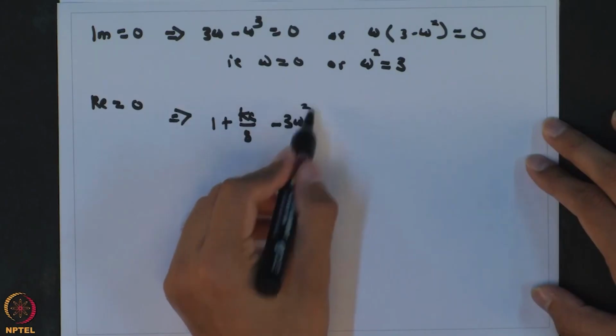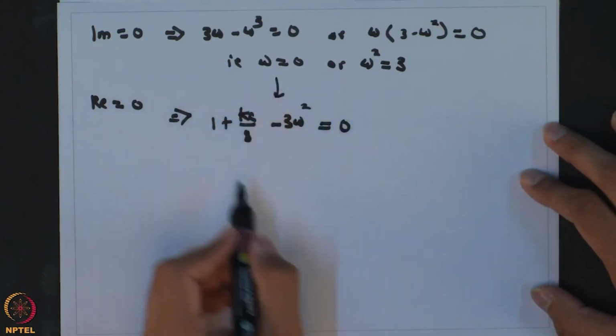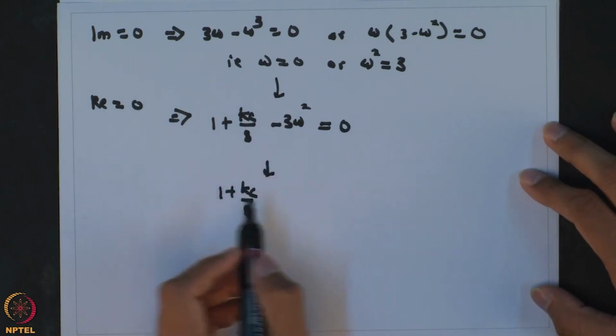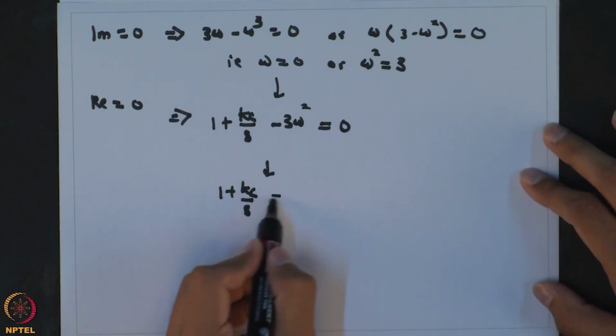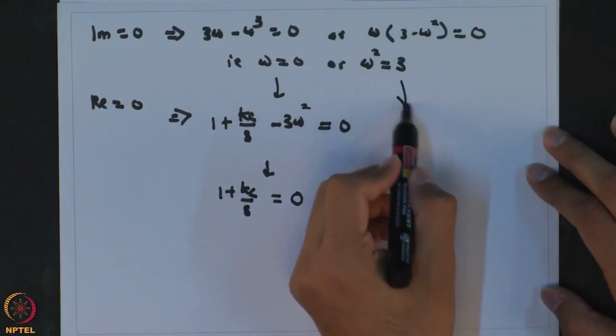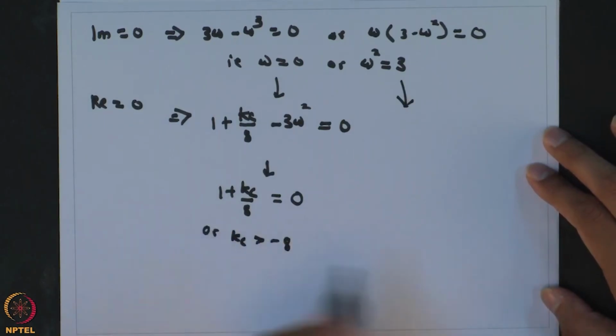When we say the real term is equal to 0, that gives us 1 plus Kc over 8 minus 3 omega square equal to 0. When omega is equal to 0, we will get 1 plus Kc over 8 equal to 0, or Kc should be greater than minus 8.